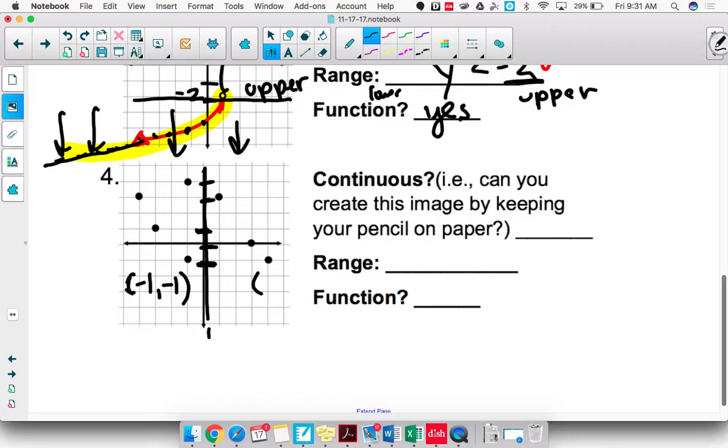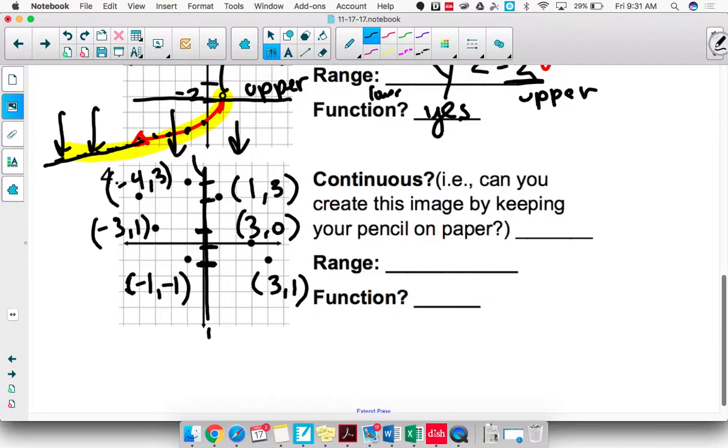Over here I have 3, 1. And I have 3, 0. I have -3, 1. We have -4, 3. We have 1, 3. And we have, it looks like -1, 4.